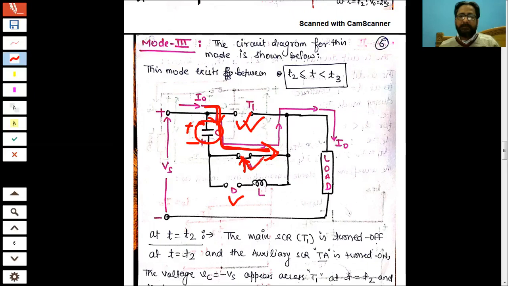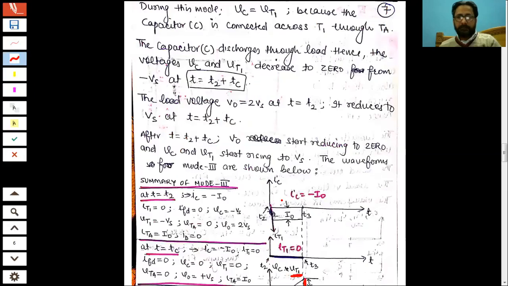This is open, this is also open, so it will also be open. Otherwise, at the end of the mode, you can see the lower plate of the capacitor is negative. So the cathode of the diode here is negative, so it is forward biased actually, but as of now it is shown as an open path because no current will flow here. Now this is what will happen at the end of mode 3.